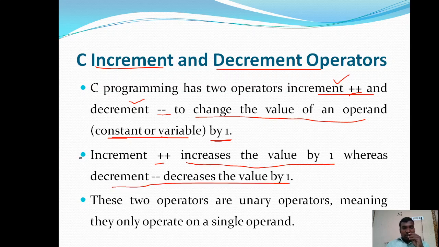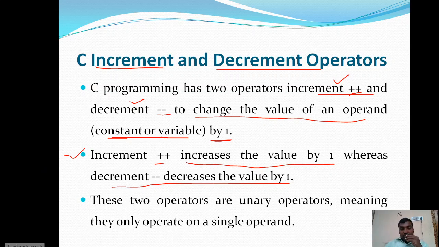Okay, so are you getting the point? We can use either increment or decrement operators. The increment operator increases the value by 1, and the decrement operator decreases the value by 1.